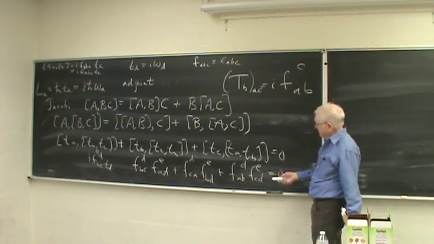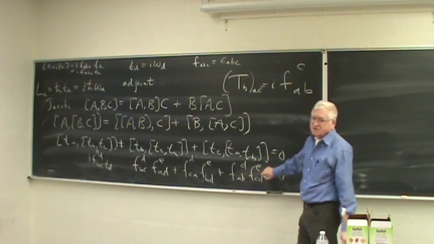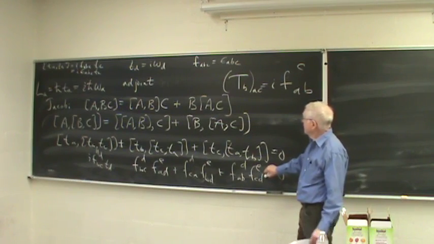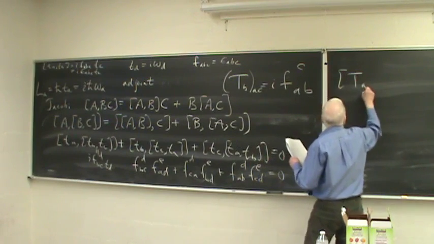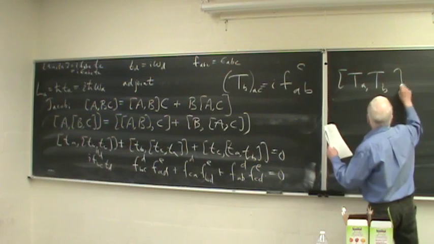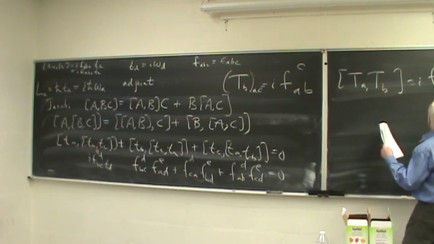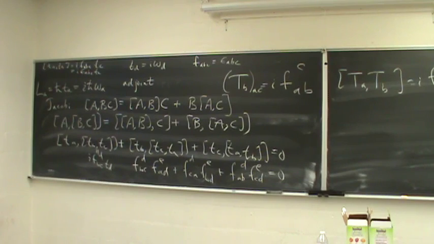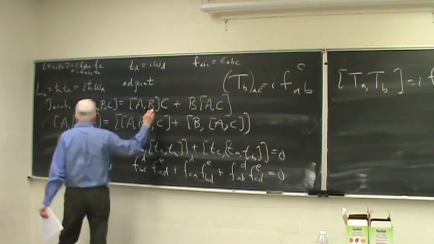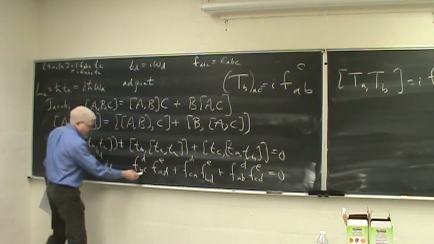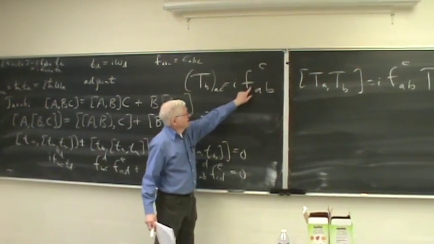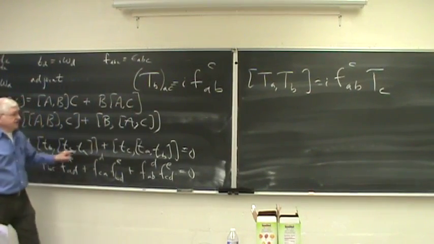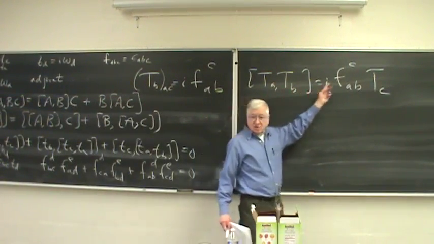And then you find that this relation among the structure constants is the relation [T_A, T_B] equals i f_ABC T_C. And by the way, we're no longer in a compact group; this is a general group, because the Jacobi identity is perfectly general, and I use the general form of the structure constants. With this identity, if you take f to be that and substitute in here, you find that this is just the commutation relation.